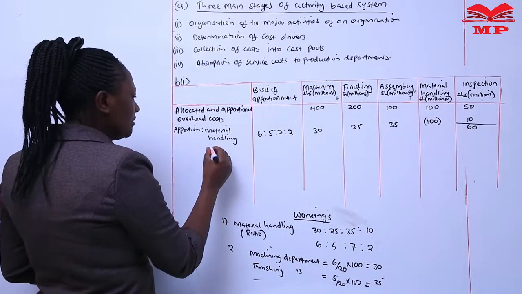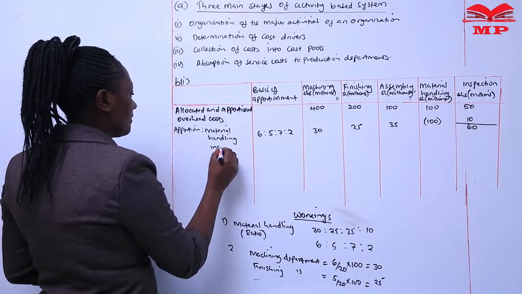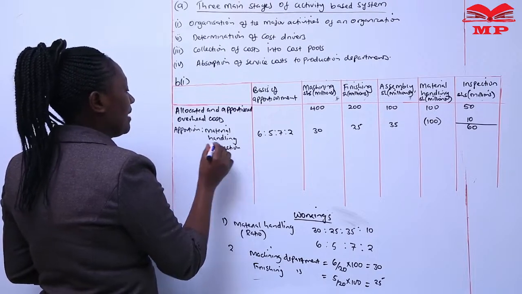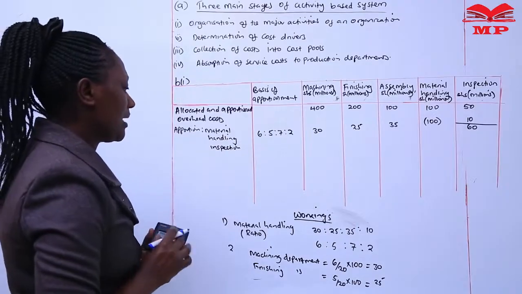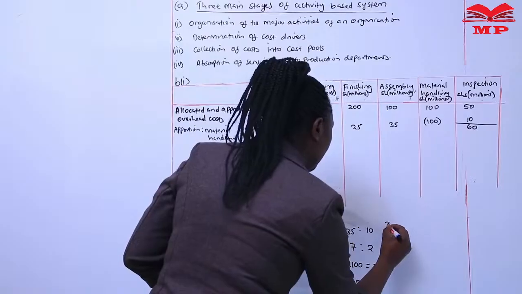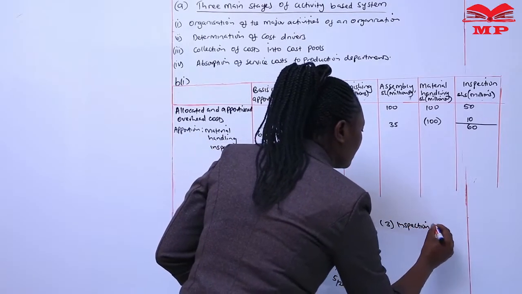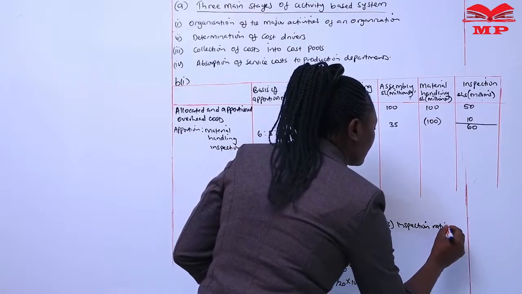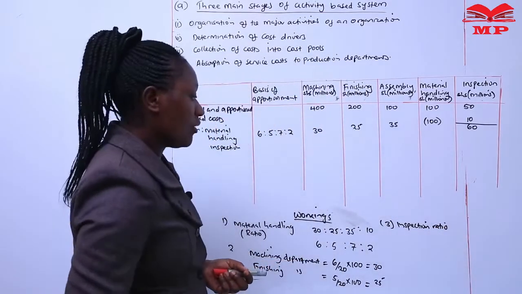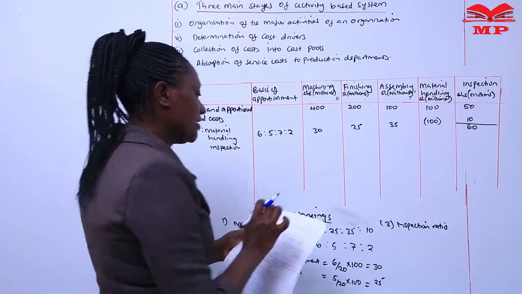Then we apportion. Next is to apportion inspection. And what is the ratio for inspection? This is working 3, inspection ratio. According to the question, we were told that inspection provides 20%.